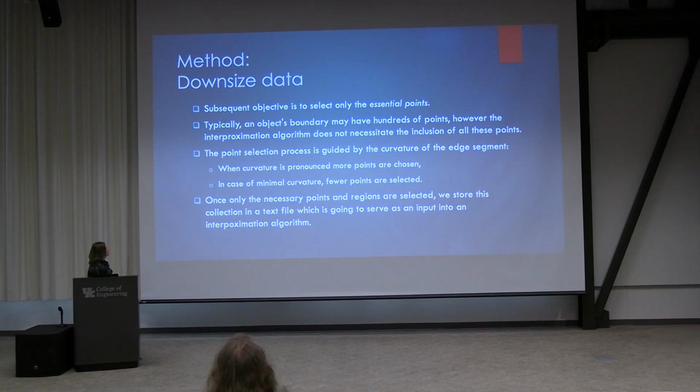So once all the necessary points and regions are selected in this manner, we will store this as a text file to be the input to the next step of the algorithm.